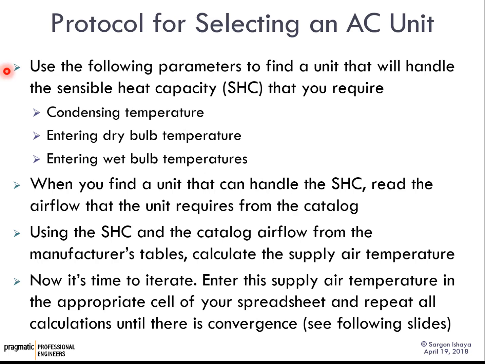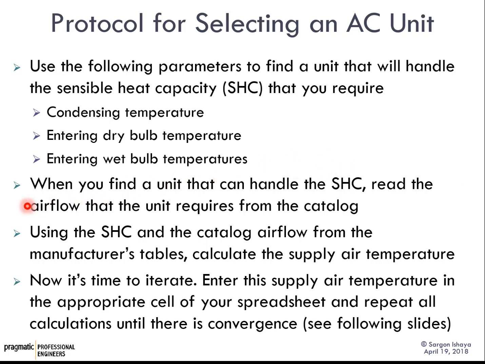Okay, so using the parameters, we're going to find a unit that will handle the sensible heat capacity that we require. We're going to use the condensing temperature, entering dry bulb and entering wet bulb temperatures. When we find a unit that can handle the sensible heat capacity, we will read in the manufacturer's catalog what airflow that unit requires to satisfy this capacity.